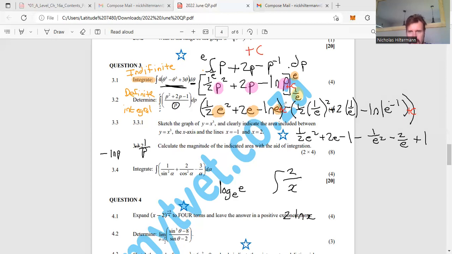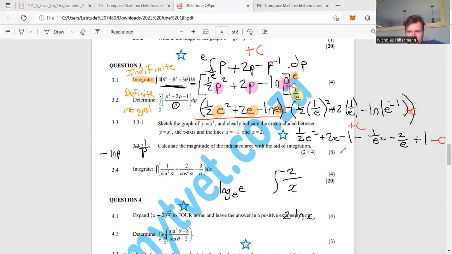Just pop in a plus c there. So I could just say here plus c and then minus c if I wanted.